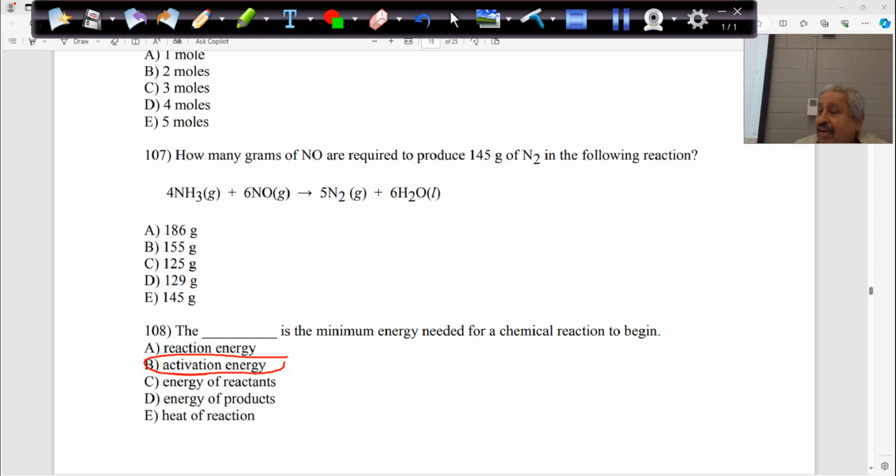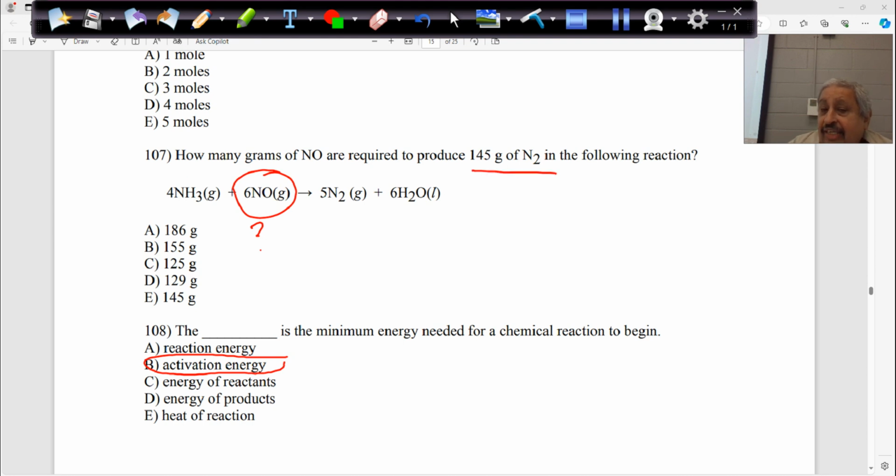Since we have grams, I will convert the grams into moles and use the mole ratio of those molecules. You know how to set it up? Let's set it up quickly. How many grams of NO? We need the grams of the NO required.